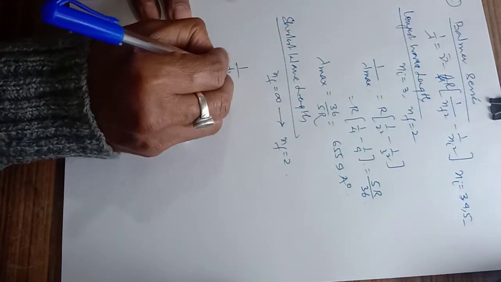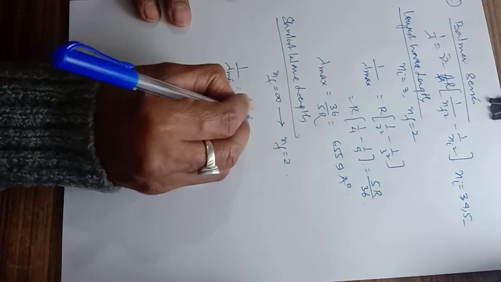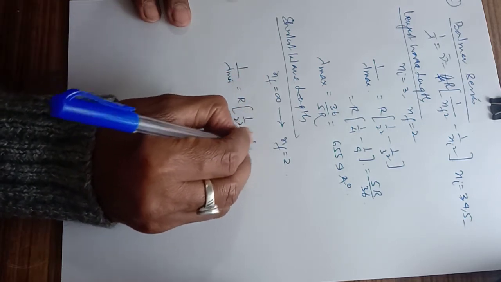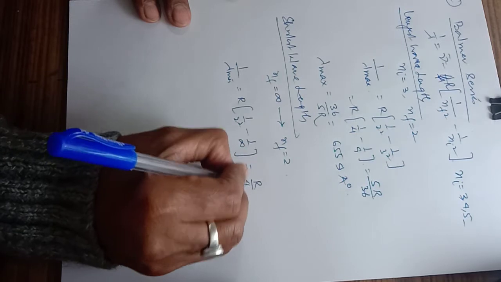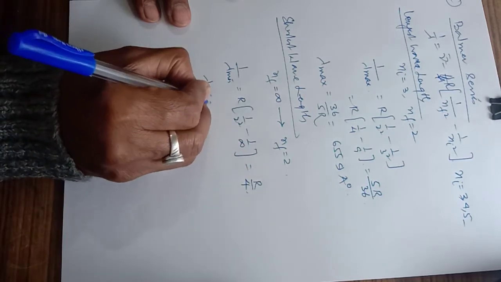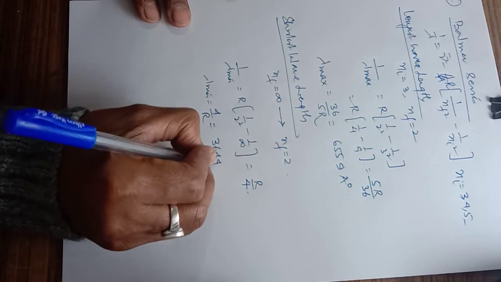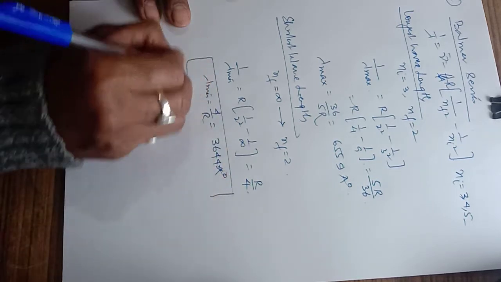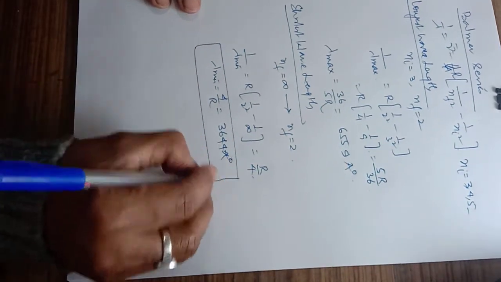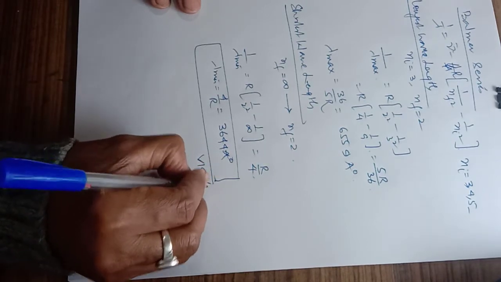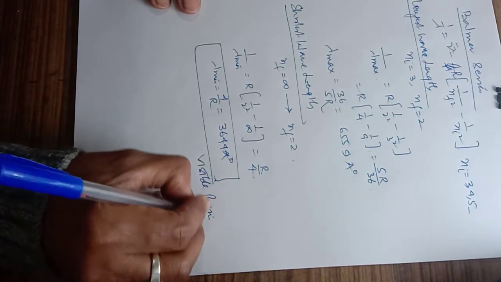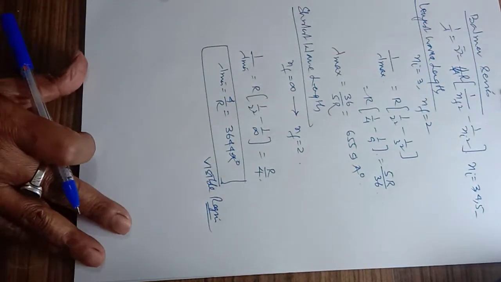So 1/λ minimum is equal to R(1/2² − 1/infinity), that is R/4. The λ minimum is equal to 4/R, so it comes around 3646 angstrom. So this is the visible region, that is in the Balmer series.